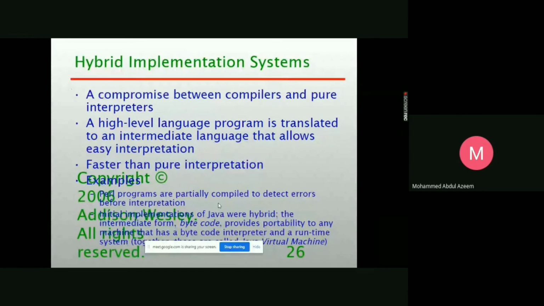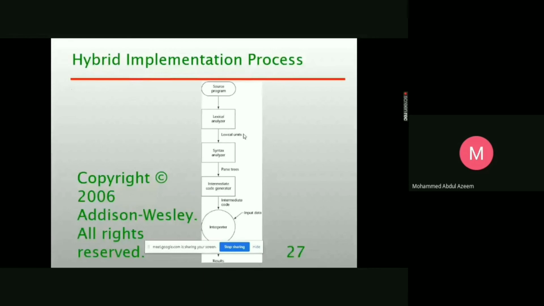So if you see in hybrid, the source is fed through the lexical analyzer, which generates the lexical units, which are nothing but lexemes or tokens, the symbols, right? And these lexical units will now go through a syntax analyzer, which then produces a parse tree.